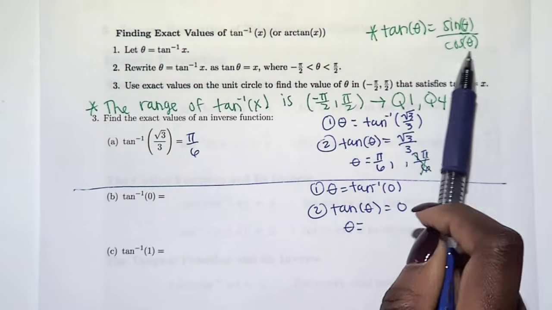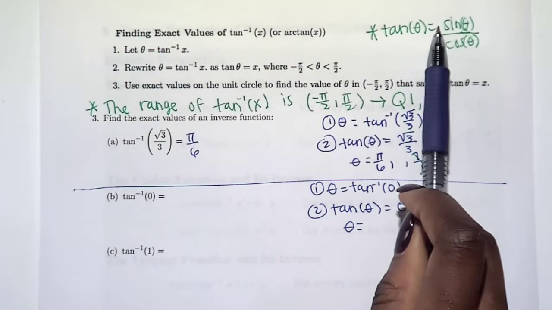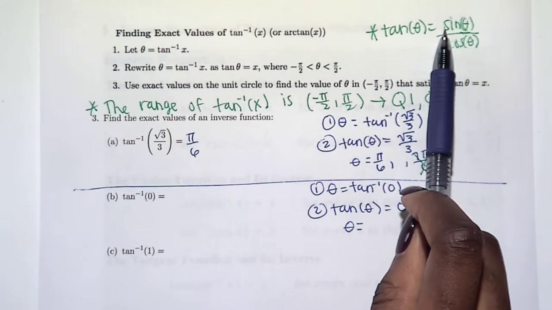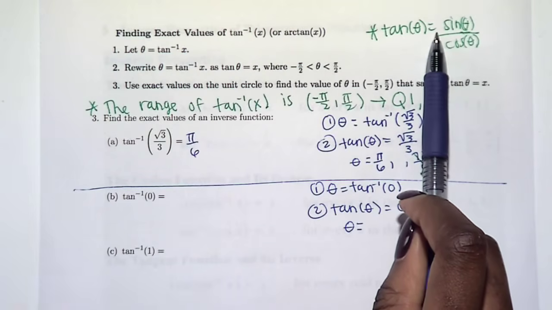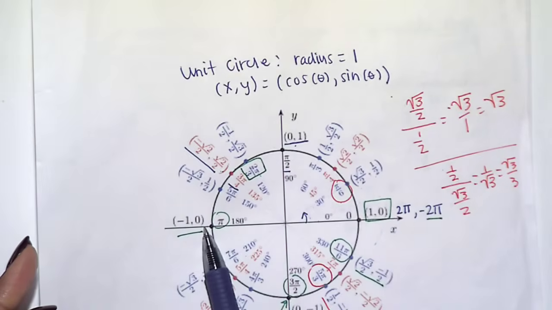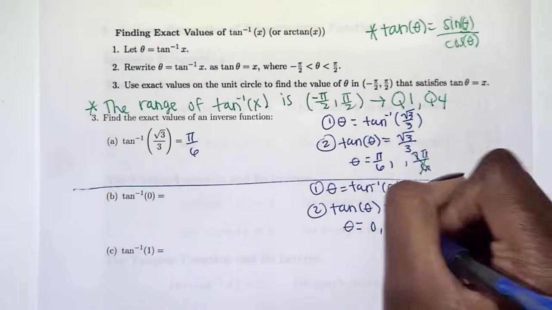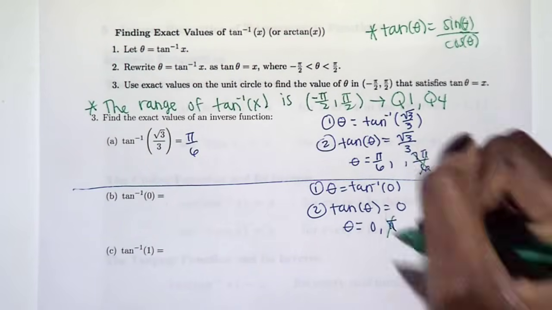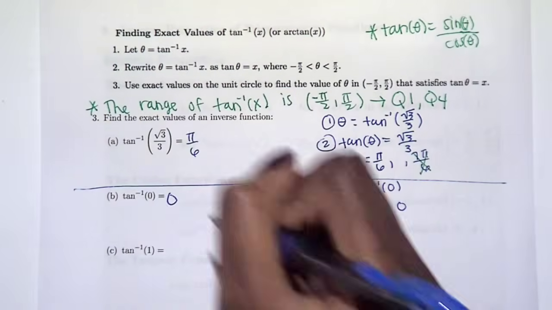So in order for a fraction to equal 0, the numerator has to equal 0. So tangent will be 0 wherever sine is 0. That happens at 0. It also happens at pi. Only one of those is in quadrants 1 or 2 or 1 or 4. So the answer is 0.